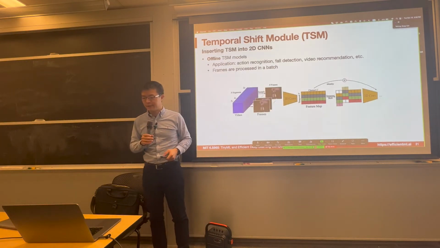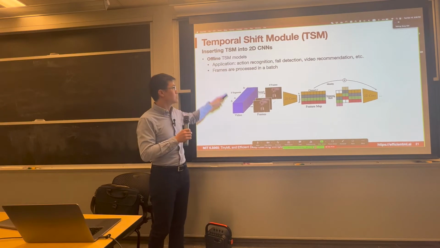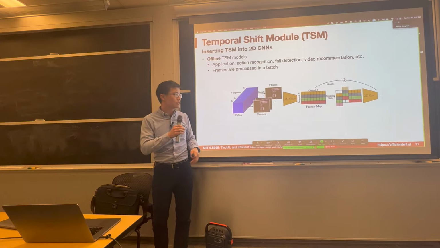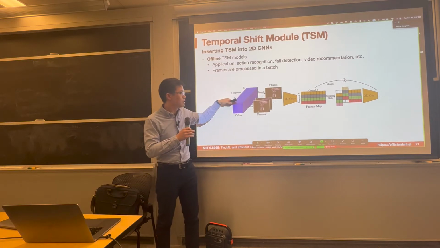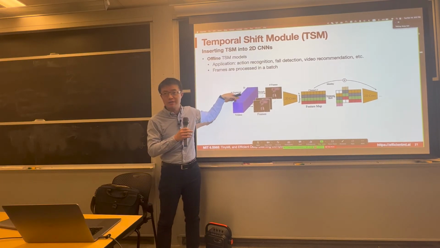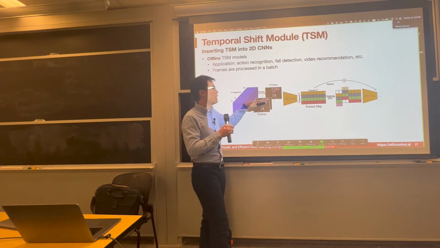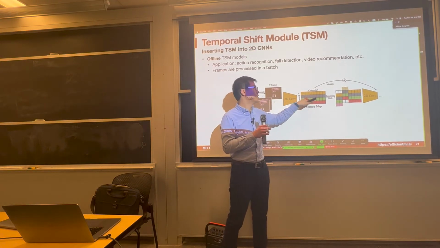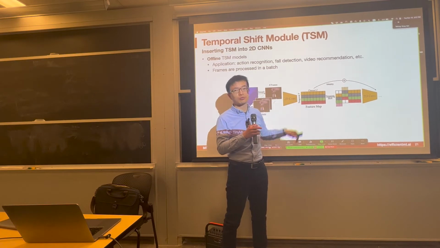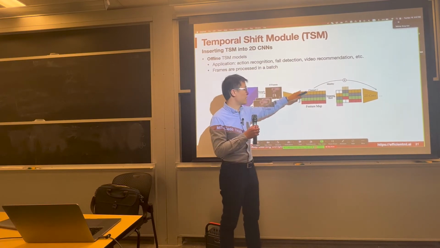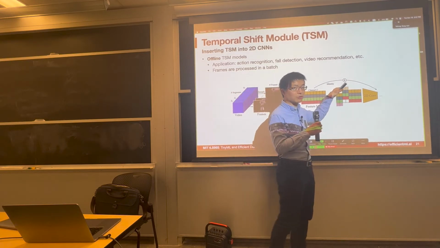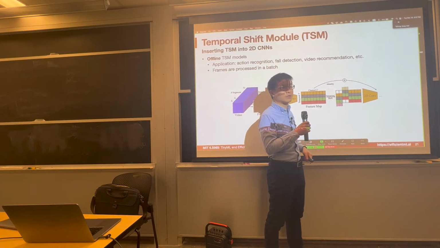All right. So let's see the application to the offline TSM module first. We have multiple frames. This is the T dimension, and then we are going to use 2D convolution for each temporal frame. So now we can process them in a batch of 2D images, and then we do the temporal shift to shift the tensor a little bit.